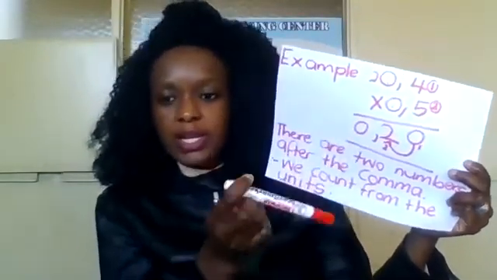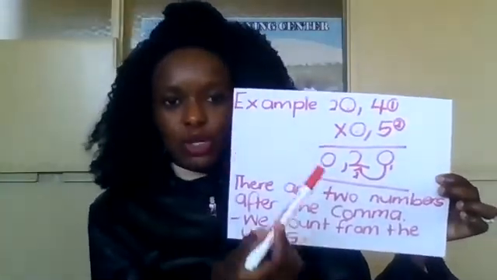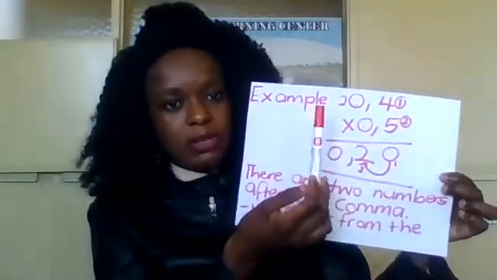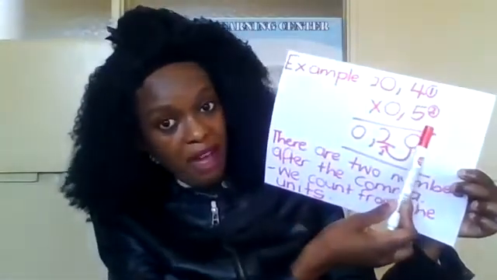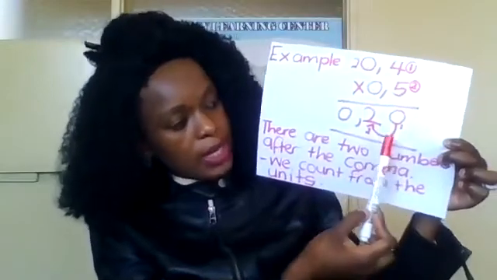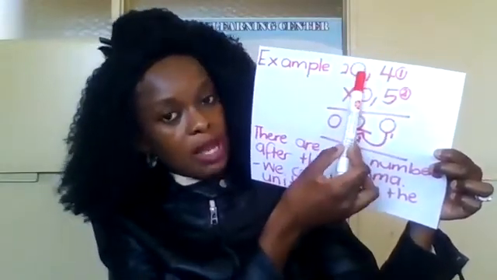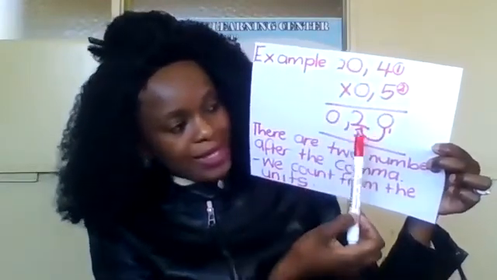I'm going to do it once more. When you are multiplying decimals, you count the numbers after the comma. We say 0,4 times 0,5. We say 5 times 4 is 20, so 0, we carry 2. Then 5 times 0 is 0, plus 2 is 2.